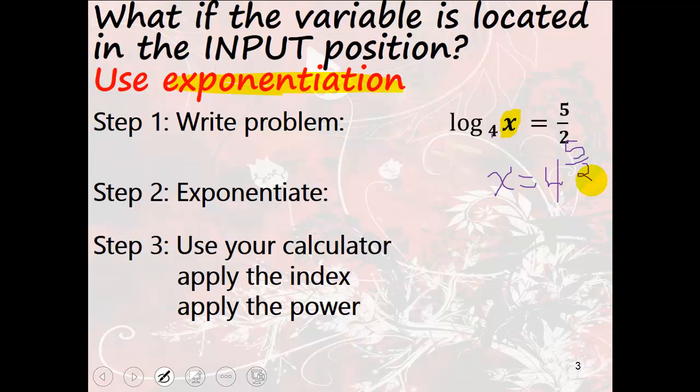I'm going to do it by hand, but you can just plug it into your calculator. This is 4 to the 1/2 raised to the 5th power. 4 to the 1/2 is 2. And then that's 2 to the 5th. And that gives us 32. Okay, try the video question and come on back.